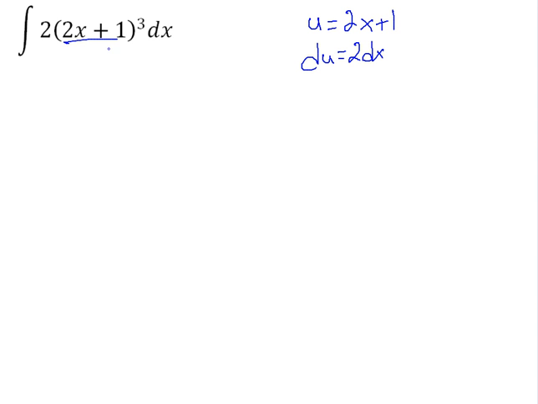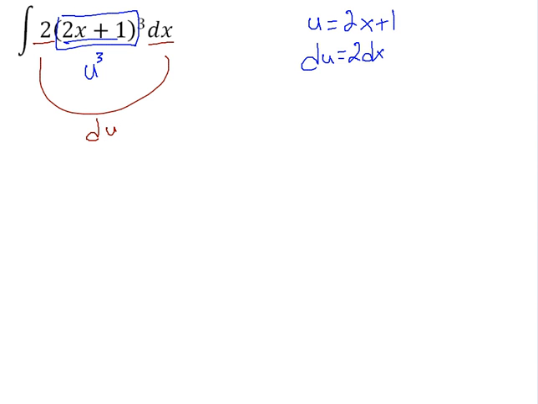So we identify that what we have here, 2x plus 1 cubed, is actually u cubed. And then what we have left is a 2 and a dx, so that represents our du.